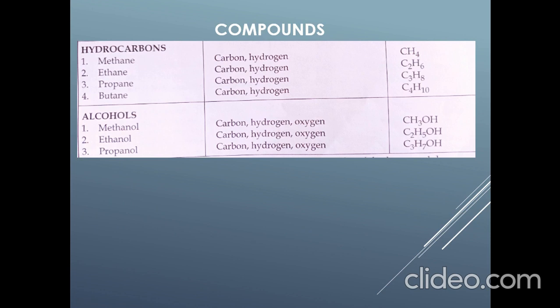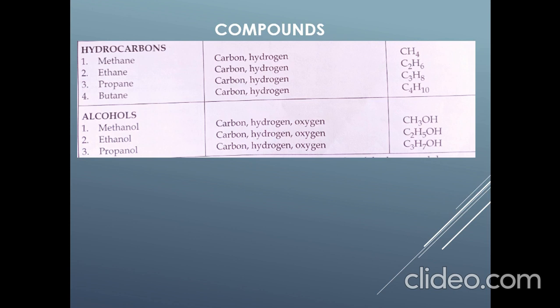Then next is ethane, C2H6. So every time you have to add CH2 to the previous group. Propane, C3H8. Again, 1 carbon and 2 hydrogen. Next is butane, C4H10. So everywhere it differs by CH2 group.